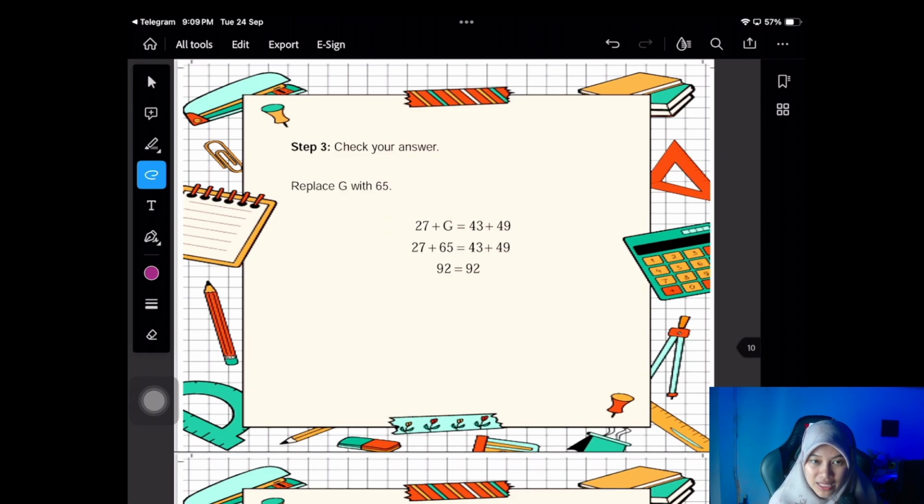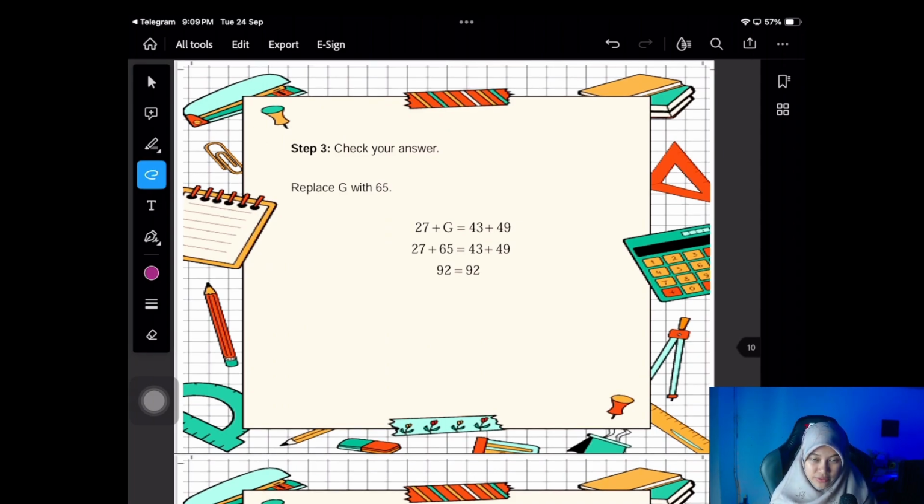And then last step, we need to check the answer. First, we replace g with 65, and then we have 27 plus 65, which is equal to 43 plus 49. So we got left hand side equals 92, and the right hand side equals 92.